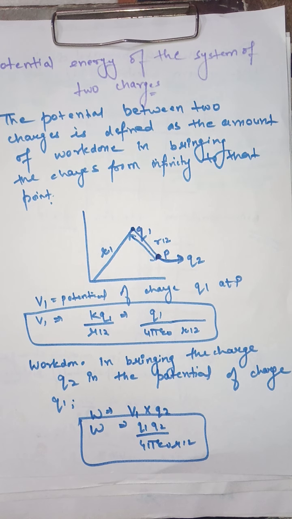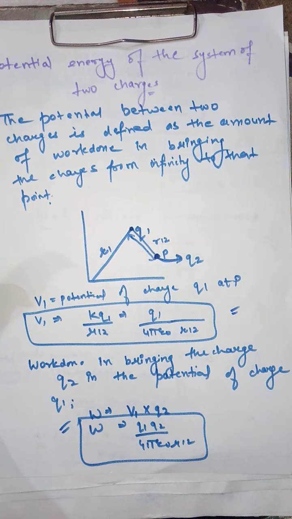This is nothing but the work done in bringing the charge q2 in the potential of charge q1. कि q1 की potential पहले से थी. Simple case है भाई. If some charge is present from before, तो उसने कुछ तो वहां अपनी इलेक्ट्रिक फील्ड पोटेंशियल इतने टाइम में जनरेट की होगी. तो दूसरा चार्ज जब हम उस फील्ड में लेके आएंगे, then we have to do some work. Some work has to be done by us, and that work is given by this particular expression.